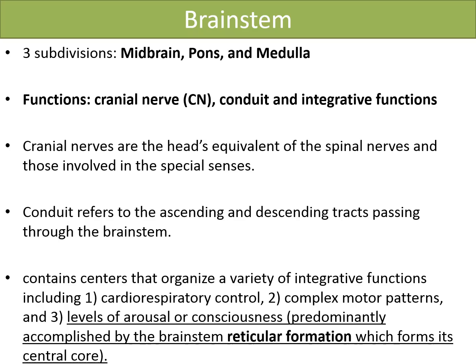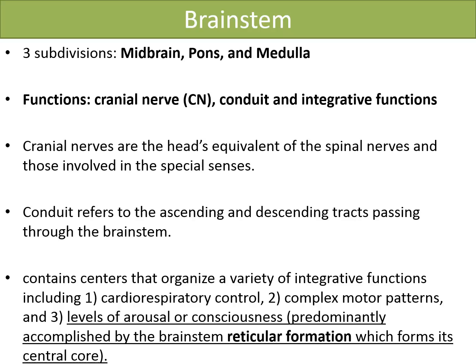Now, the brainstem has these three major subdivisions: midbrain, pons, and medulla. It functions both as a site of origin or destination of cranial nerves, as a conduit for fibers coming from the cerebrum down towards the spinal cord, or from the spinal cord up to the cerebrum, and for certain integrative functions.